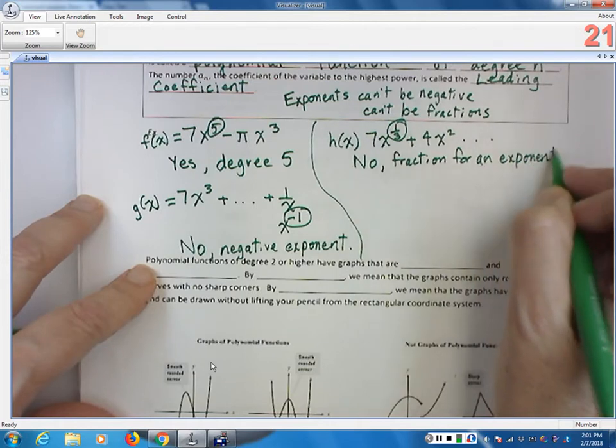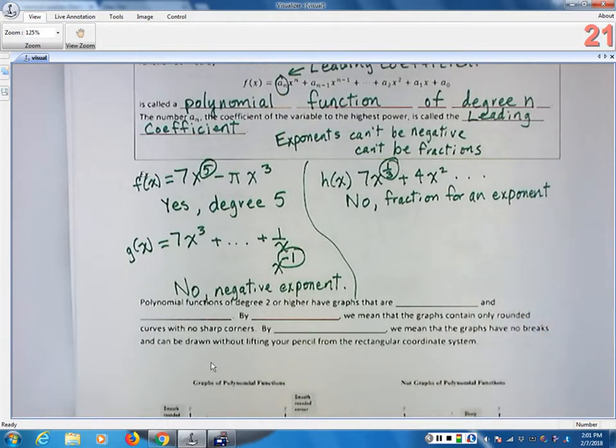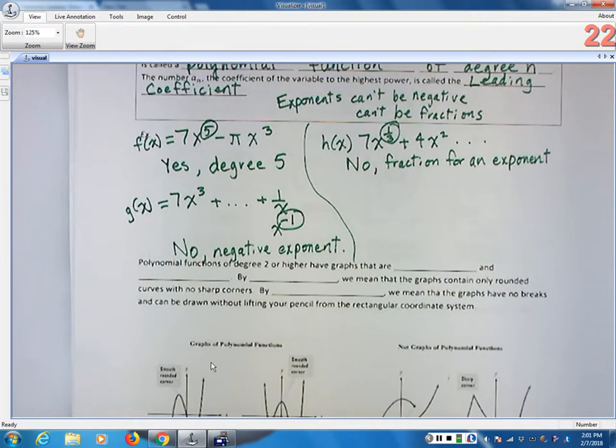So polynomials cannot have exponents that are negative, and they can't have fractions. So that's what makes it a polynomial. Do those little polls help you understand the polynomial?